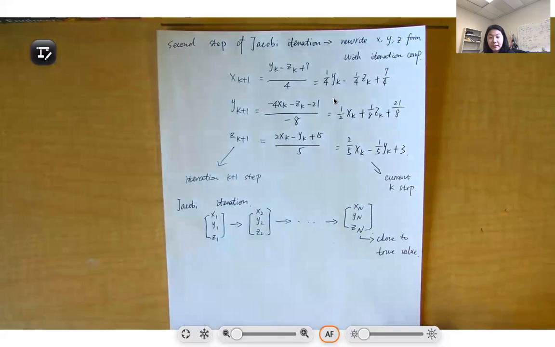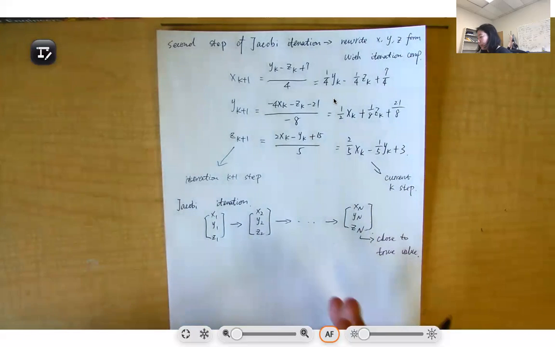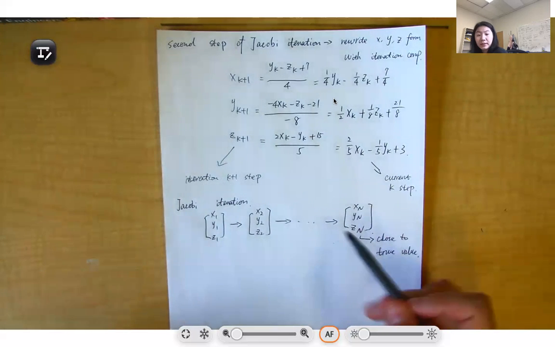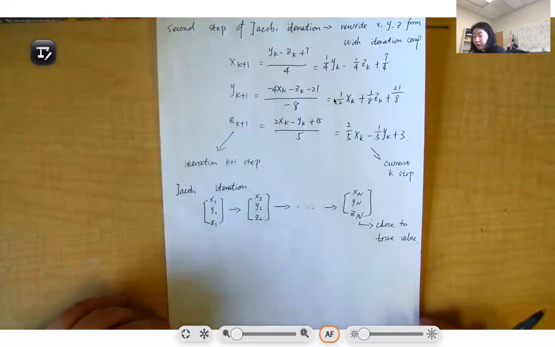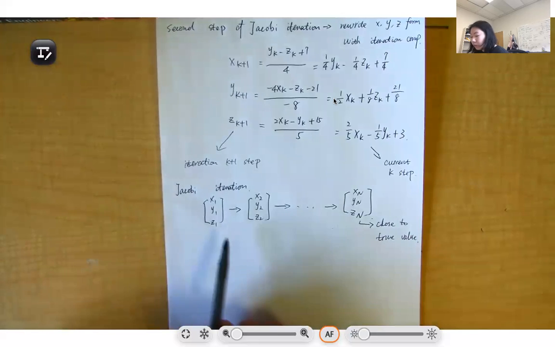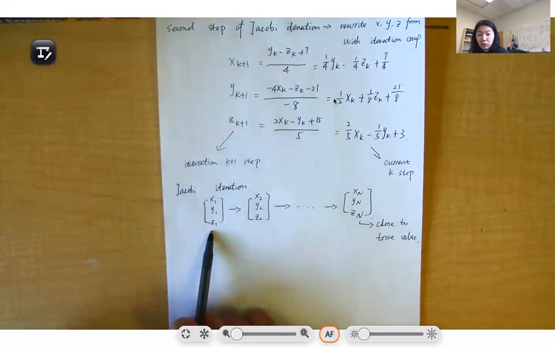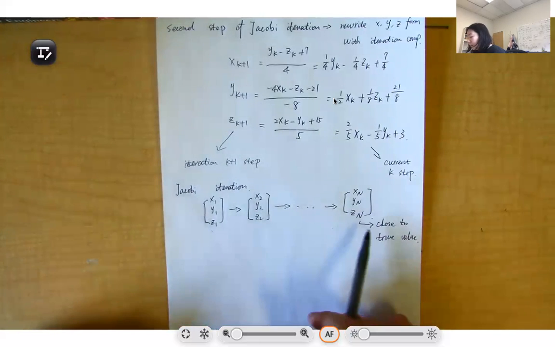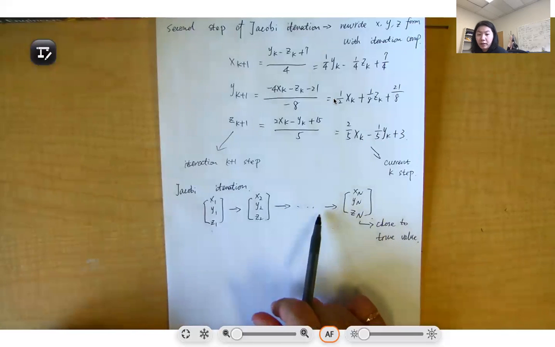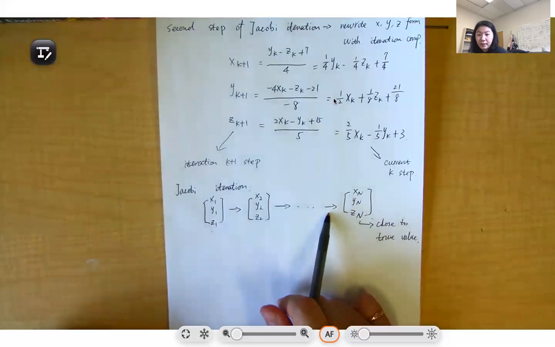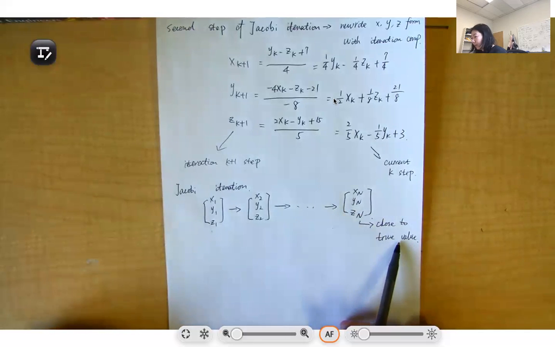And in that sense, you set up the tolerance, and you can stop whenever the difference is smaller than the tolerance. Okay, so that is how the Jacobi iteration works. But you need to give a starter, which is the initial guess. Then it runs the loop until the difference between the current and the previous one is smaller than the tolerance you set up, and is close to the true value.